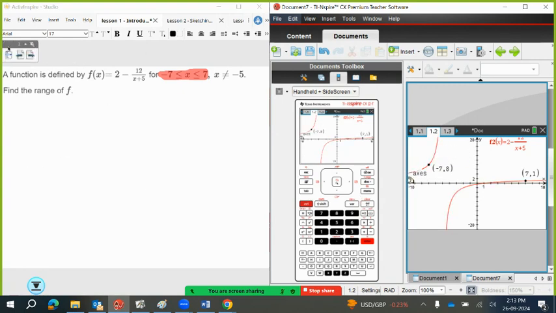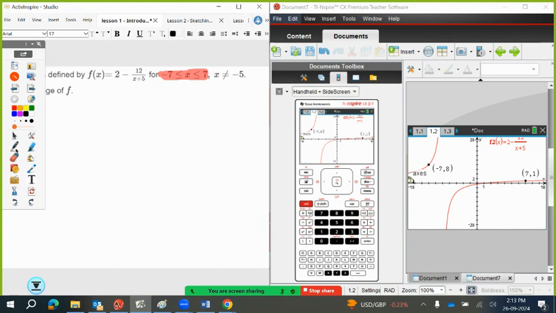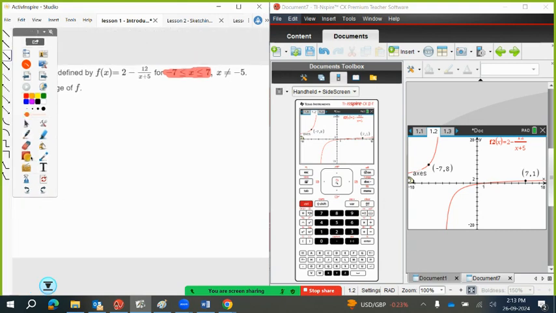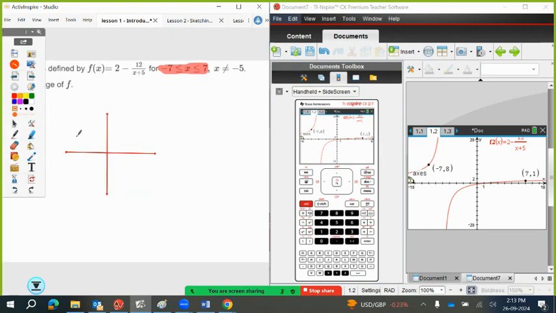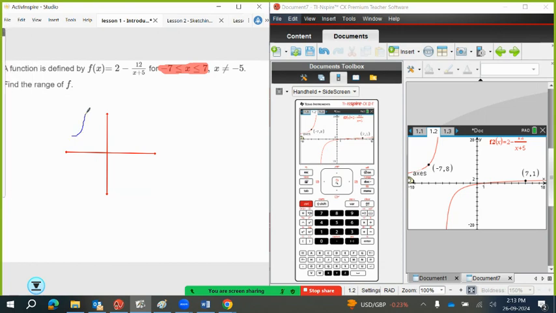So if I want to sketch this graph, just draw some axes. Our graph is looking like that, and then like this.